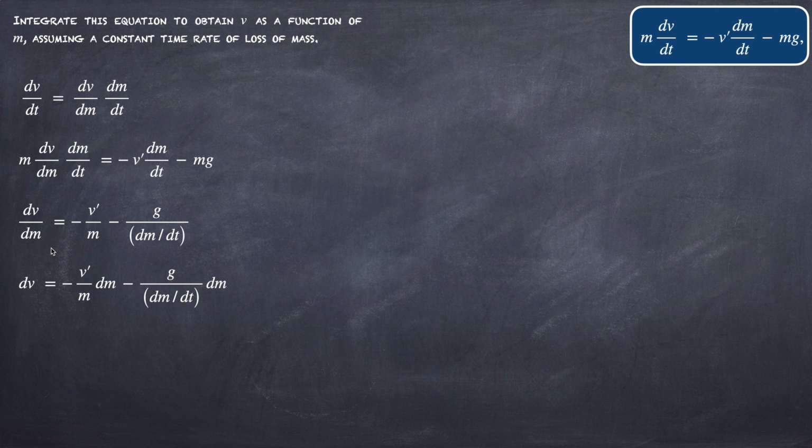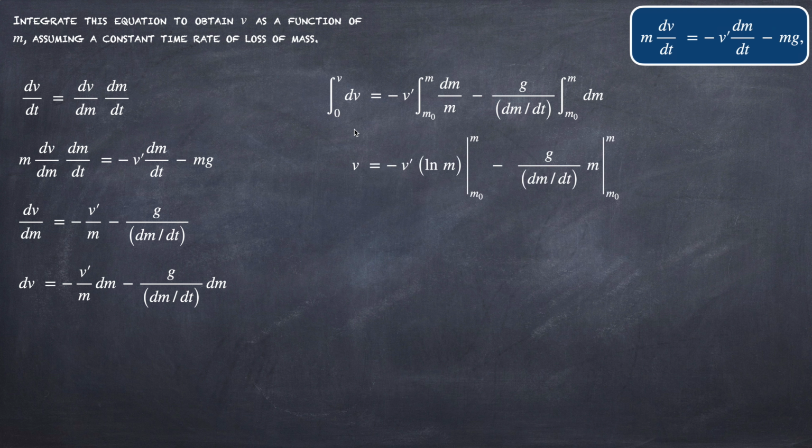Now, if we integrate this equation on m, let's write it as dv equals the negative of v prime over m dm, and this other term, g over dm/dt dm. Let's integrate that, and we have an integral on v on this side, and these two integrals on m. The limits on this integral are v0 and the velocity v.